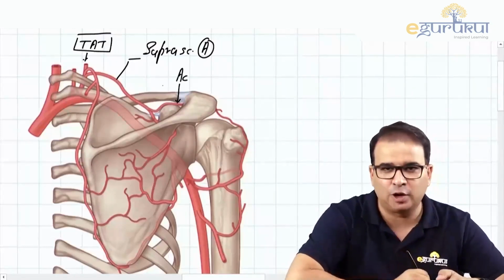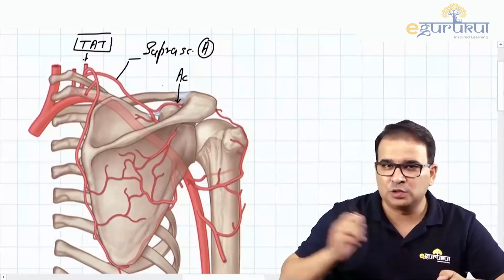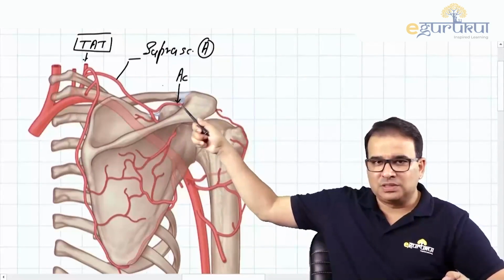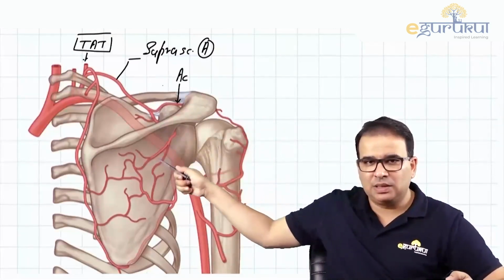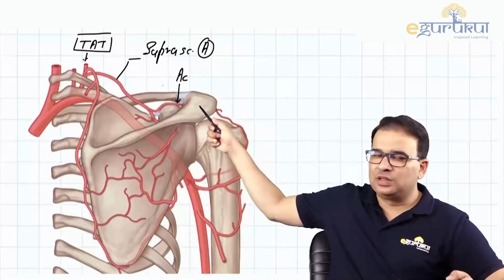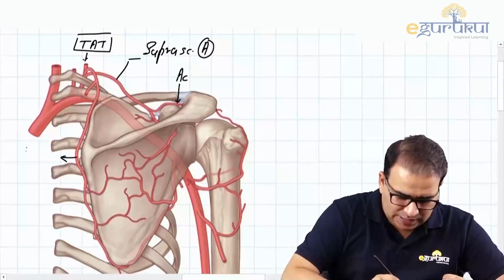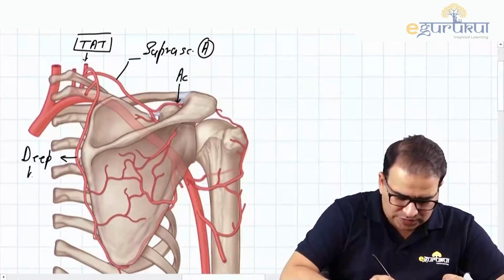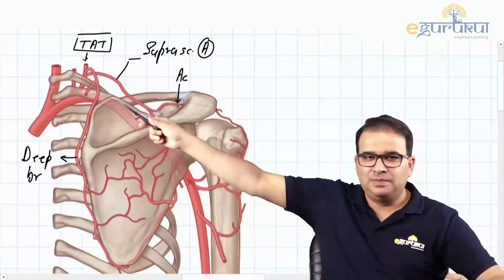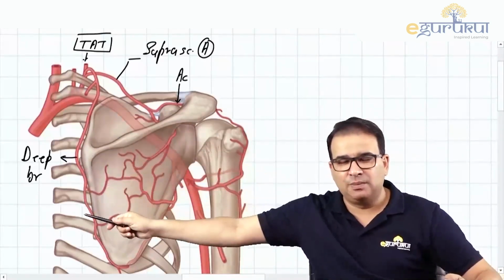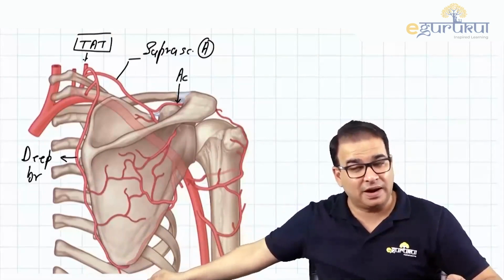I'm just writing AC, acromion branch of suprascapular artery, also going toward the acromion process. Suprascapular artery is coming down like this toward the body, but our acromion branch is going toward the acromion process. Whereas this one here is the deep branch of transverse cervical artery, running along the medial border of the scapula all the way till the inferior angle.